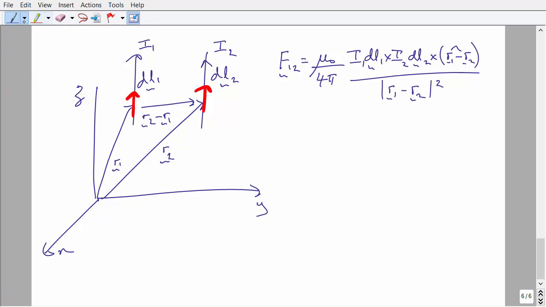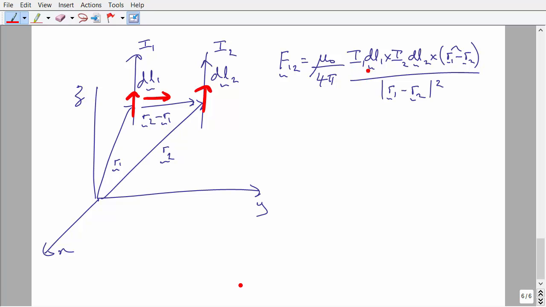So we should find, if we were to analyze this, that the force on element 1 is in this direction. If you were to analyze the cross products in the equation here, you would indeed find that for dl1 parallel to dl2 and this choice of the direction of the unit vector, the force on element dl1 is towards element dl2.